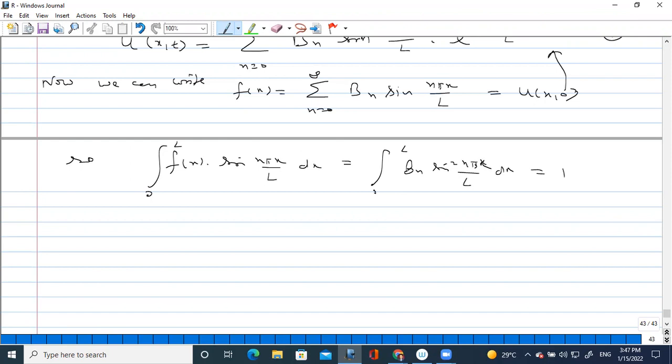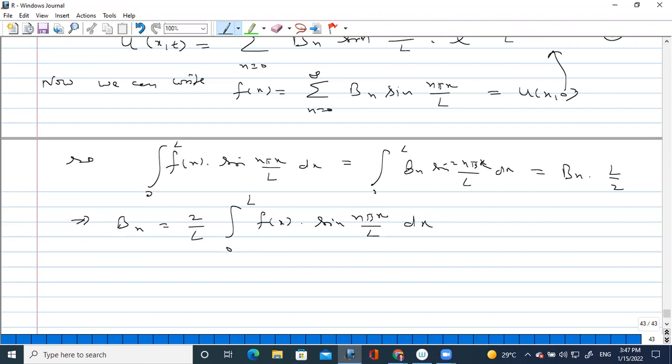Okay. And this will have the value Bn into L by 2. So Bn will be 2 by L integral 0 to L f(x) sin(n pi x by L) dx.